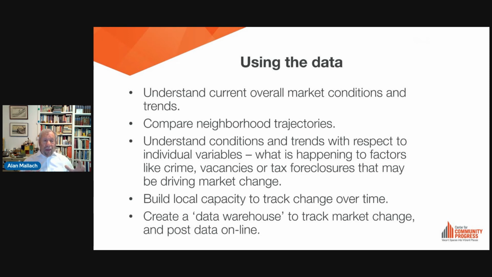So there are a lot of people who know stuff, and very often, because there's usually a lag in getting quantitative data, these people may sometimes be aware of trends that are starting to emerge before it shows up in the data. So one thing you may want to do, if you're serious about really trying to understand and track neighborhood markets, maybe identify 10, 12 people who just have their sense of what's going on in their neighborhood.